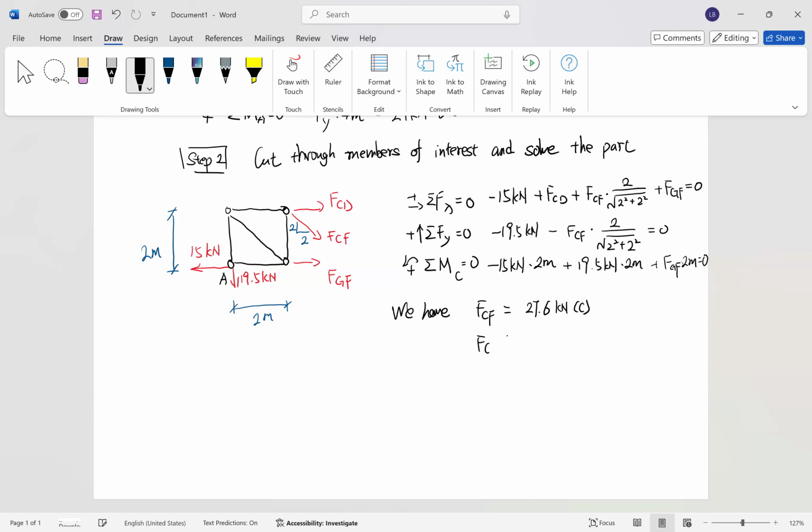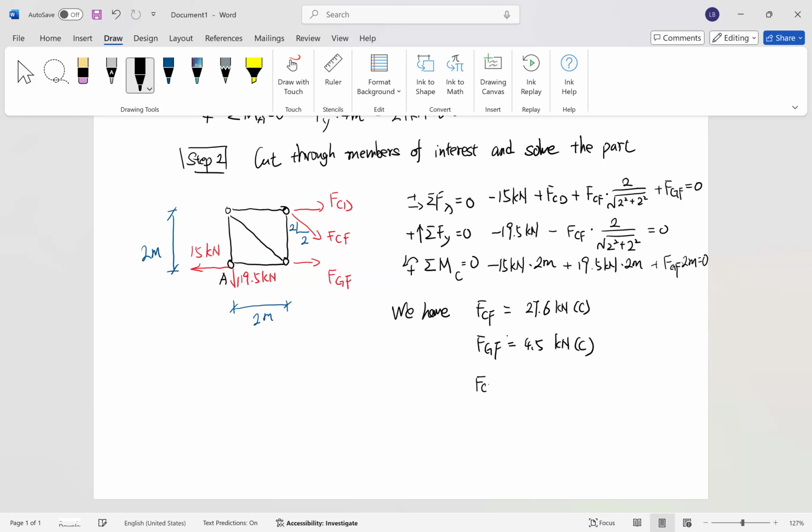And we have, which is a 4 kilonewton, and it is a compression as well. If you solve that, you're going to see that it is a negative 4.5. Okay, so the negative here means that it is a compression.